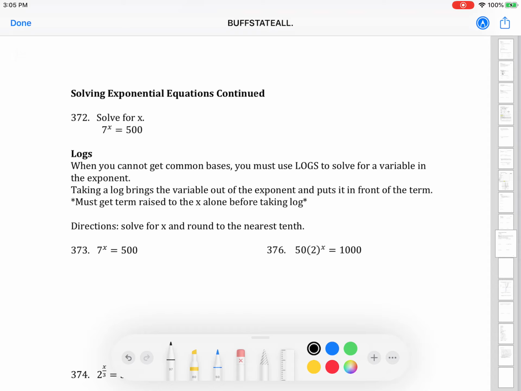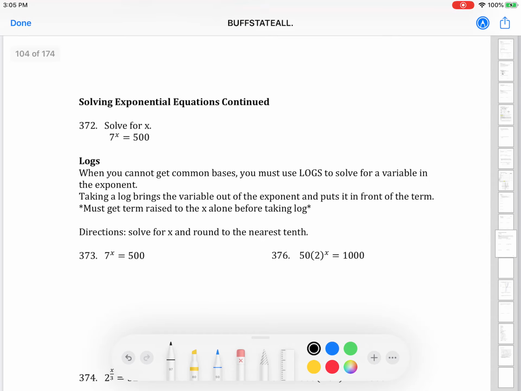So what I mean by this common basis method won't always work. For example, 372 on the next page. If you try to rewrite 500 with a base of 7, it is not going to work. If you try, let's do like 7 to the third power. I don't know, we're guessing because we don't know. That gets me 343.